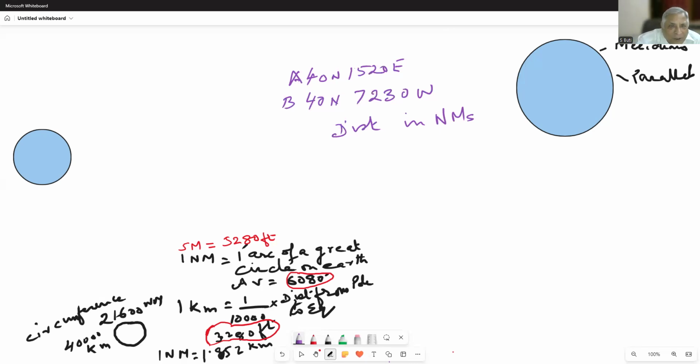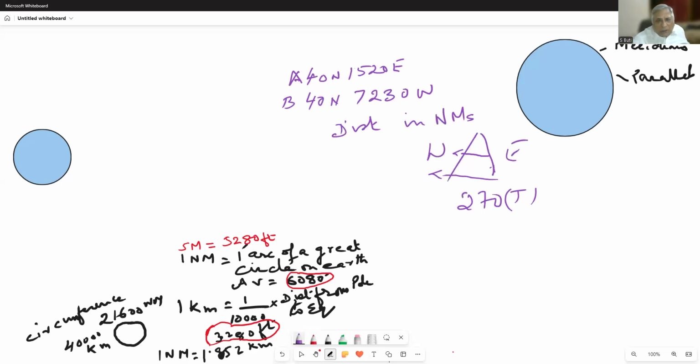And what will be the track? One place is east, the other place is west. Parallels of latitude lie along east and west. Equator lies along east and west. So in this case, you're going from place A to B, so your track will be 270 true.